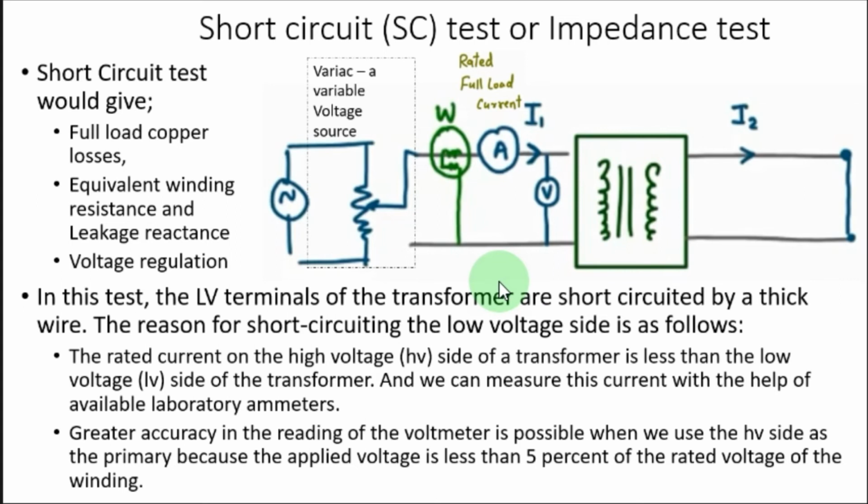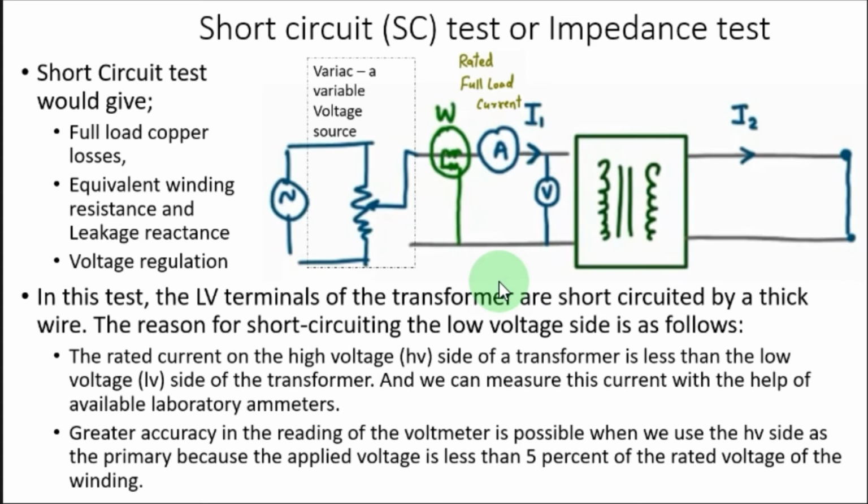The reasons for short circuiting the low voltage side could be given as follows. The rated current on the high voltage side of a transformer is less than on the low voltage side, and therefore we can measure this current with the help of available laboratory ammeters.